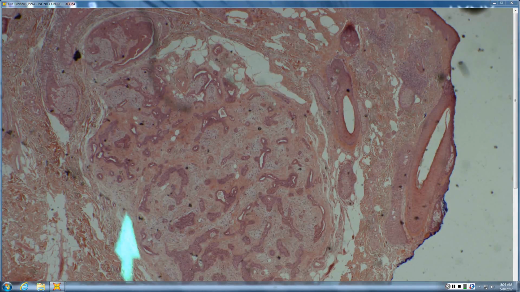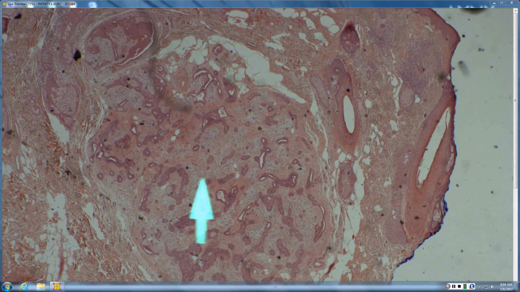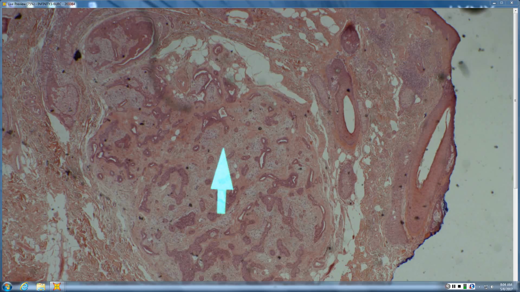You certainly have branching and alveolar ducts embedded in a stroma that is pale and in some areas myxoid. So what would give a big round ball of a tumor in the dermis, branching alveolar ducts within a myxoid stroma?